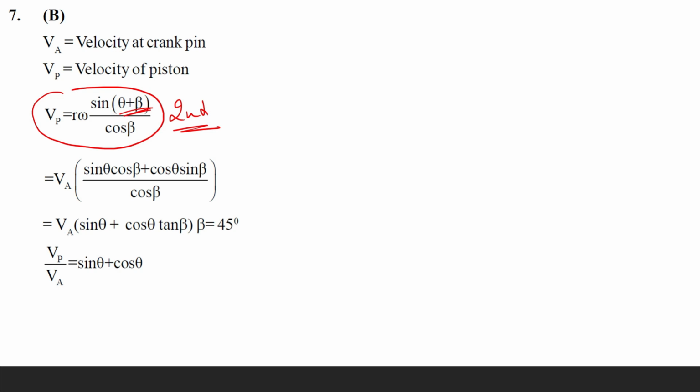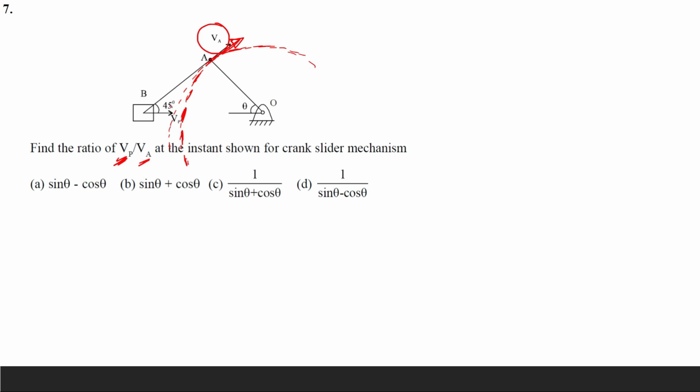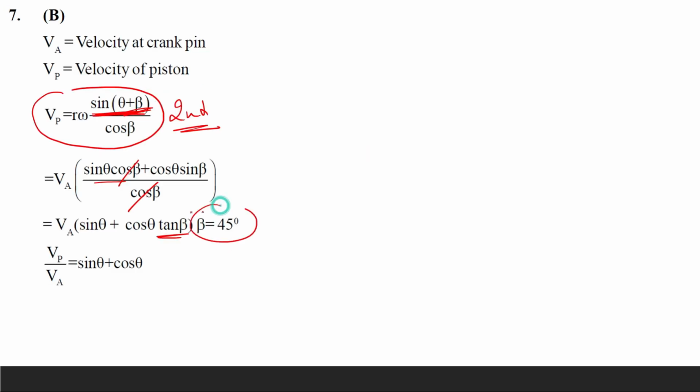Now sin(A plus B) is equal to sin A cos B plus cos A sin B. So we have just used this relation here. Now cos beta cancels with cos beta, sin beta divided by cos beta is equal to tan beta, but beta is given here as 45 degree. Here you can see 45 degree. So when you put 45, tan 45 is 1. So it is equal to Vp. So Vp divided by Va, R omega is nothing but the tangential velocity.